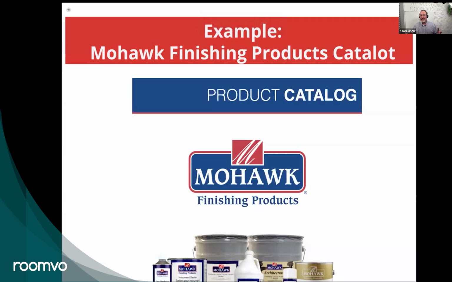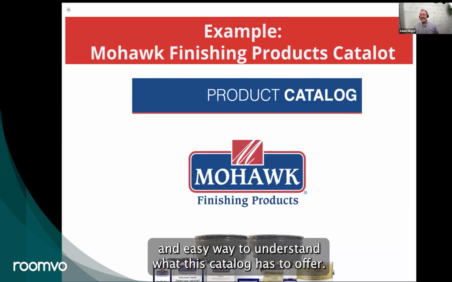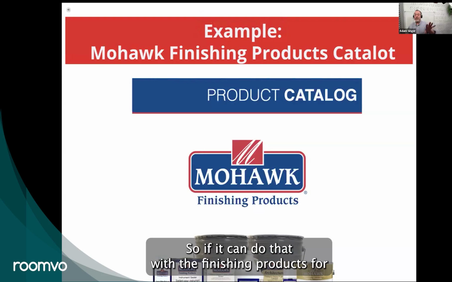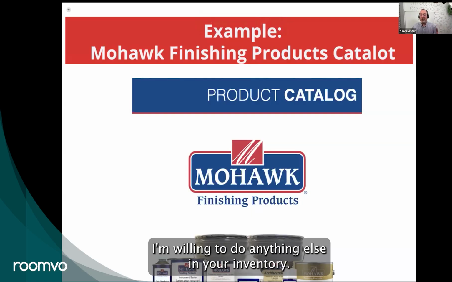But if that is your business, it's an incredibly digestible and easy way to understand what this catalog has to offer. So if it can do that with the finishing products for a 50-page, 100-page catalog, whatever that thing is, I imagine we can do it with anything else in your inventory.